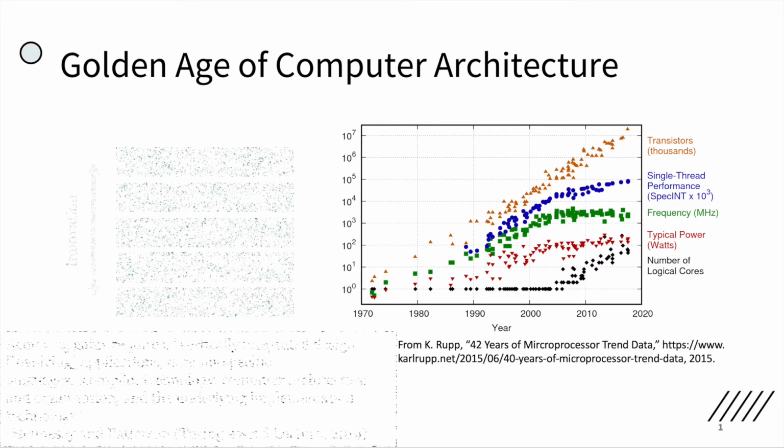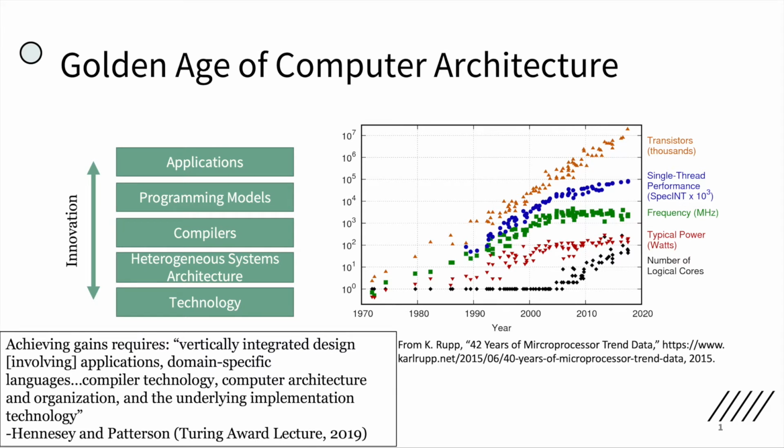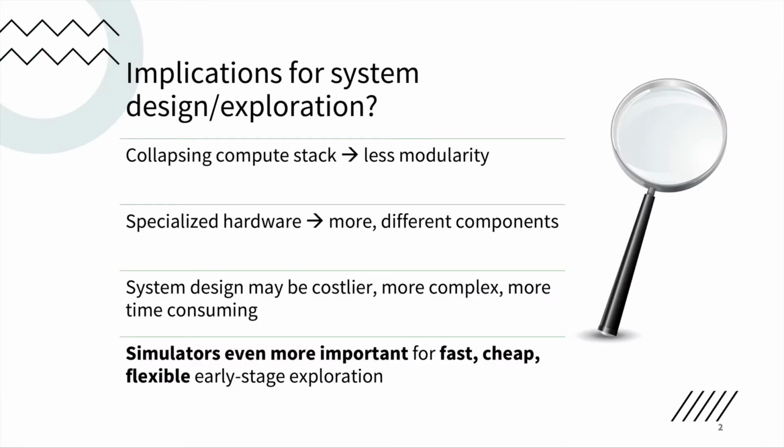In their Turing Award lecture in 2019, John Hennessy and David Patterson called on us to employ vertically integrated design that involved applications, domain-specific languages, compiler technology, computer organization, and device technology, all in one unified approach. So what are the implications of this new age for system design and exploration?